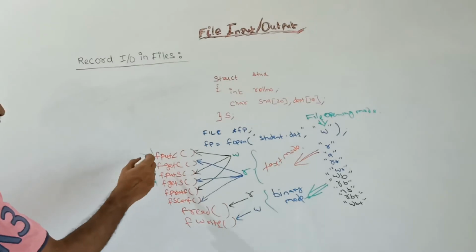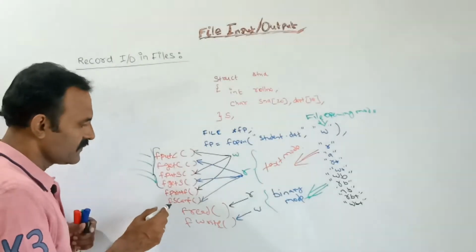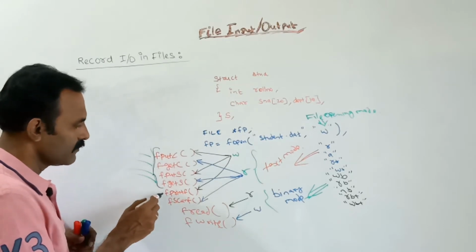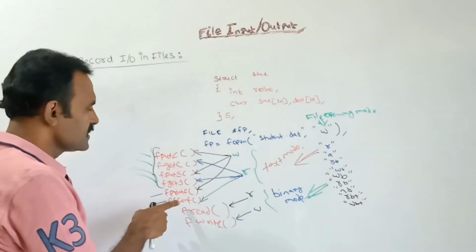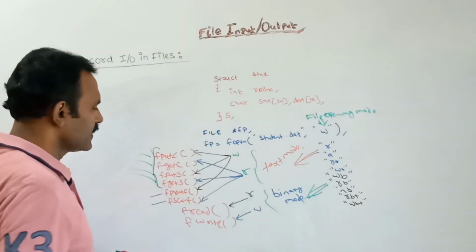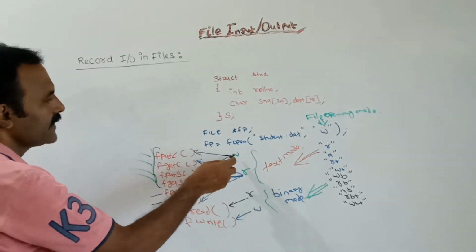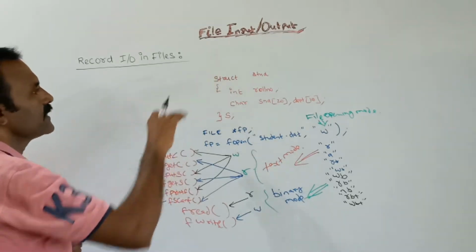Up to this we have seen. Now we need to see fprintf, fscanf, fread and fwrite. Let us see about fprintf and fscanf first. What is the syntax of the fprintf function? The fprintf function is used to write content to a file. For example, let us take the same structure.